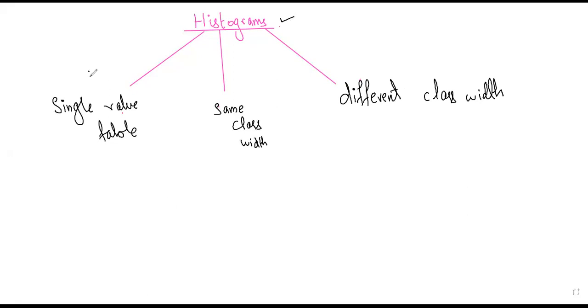If you have a single value table, it would be different. If you have a range table, that is just the case we have discussed earlier, before this, and in that, when we have the same class width, we'll be making a histogram one way, and if we have a different class width, we'll be making a histogram in a different way. Okay, so are you clear with the basic idea about it, with the basic structure of this?